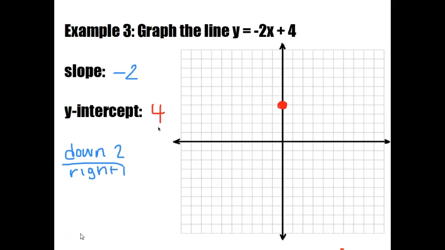If I wanted to go in the opposite direction, Madison? Perfect. So we can either go down 2 and right 1, or up 2 and left 1.